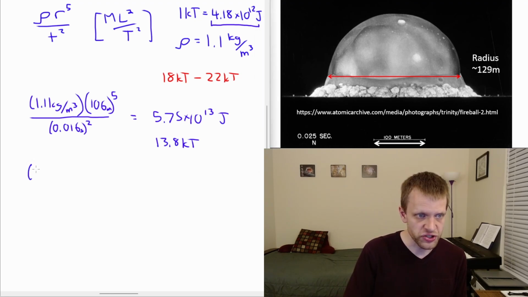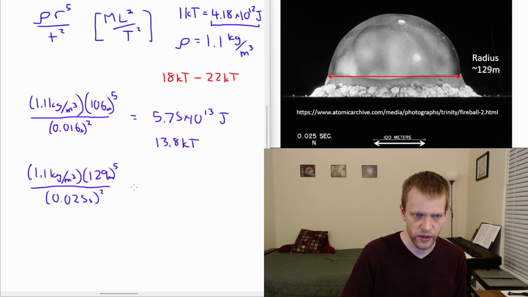So let's run these numbers again. 1.1 kilograms per cubic meter times 129 meters to the power of 5, divided by 0.025 seconds, and we're going to square that.